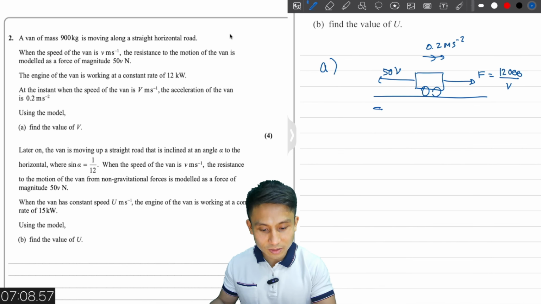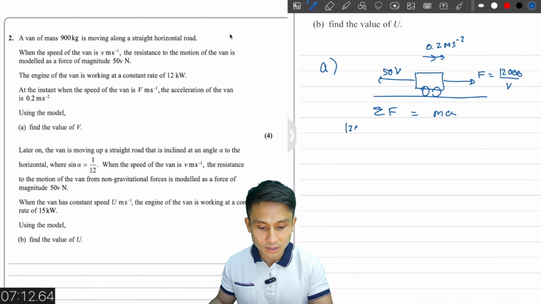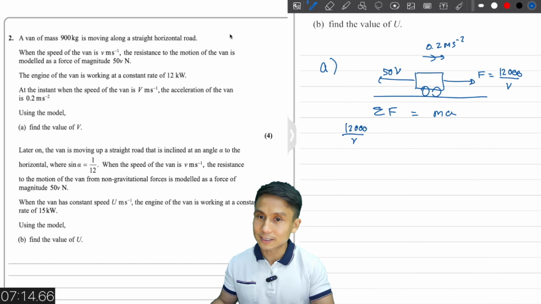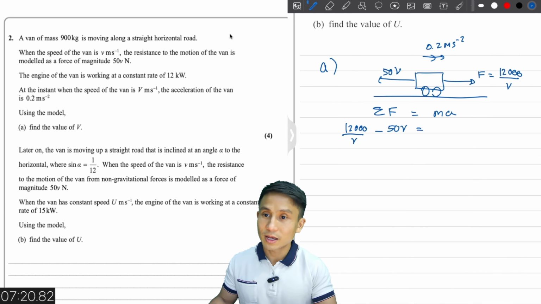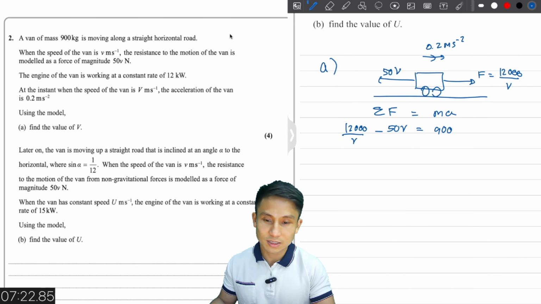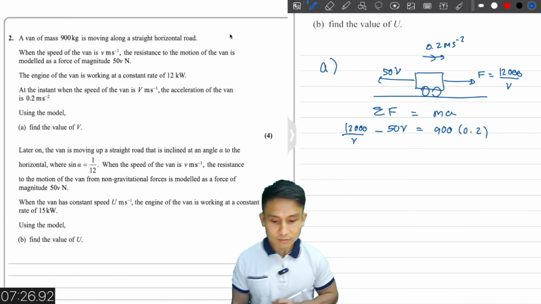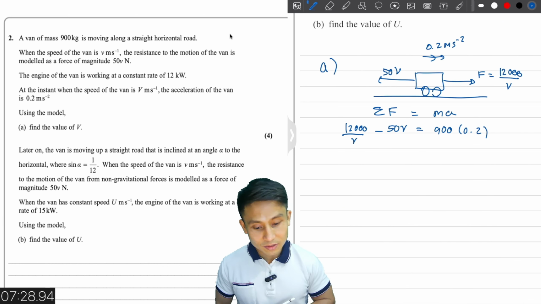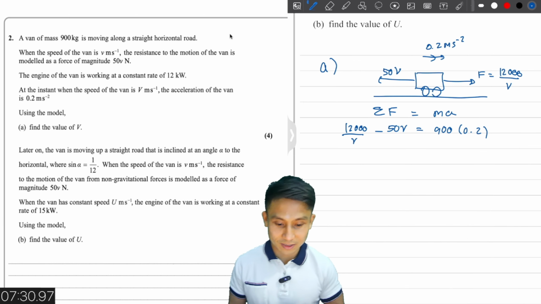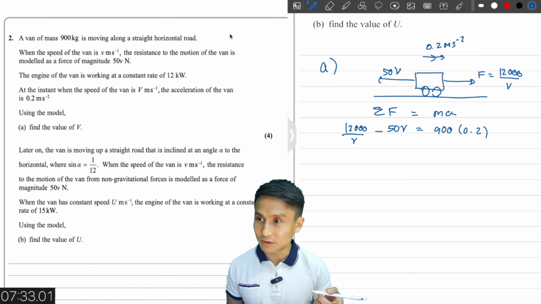Okay, so sigma F equals ma. So we do 12,000 divided by the speed, minus the force of magnitude 50v, equals m, which is 900, times a, which is 0.2. That's everything, right? And then it seems like we need to solve quadratically here, because you have 1 over v and a v term there.